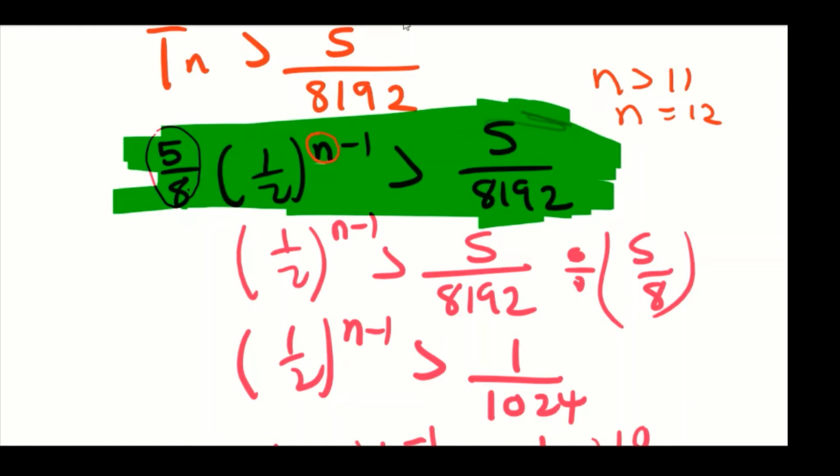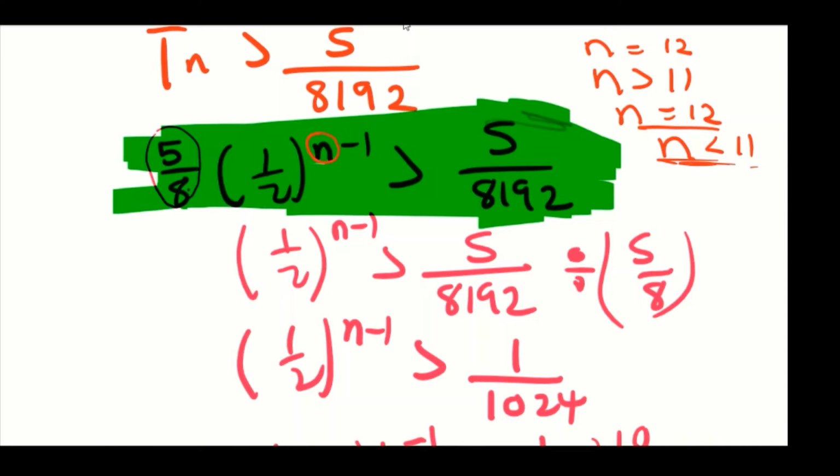If it becomes smaller, then you need to use an n value that is less than 11, which is what I found when solving this problem. As you go up, if you use 12, it doesn't give you Tn greater than 5 over 8192. So I used a smaller value of n. Instead of going up to 12 or 13, go lower.